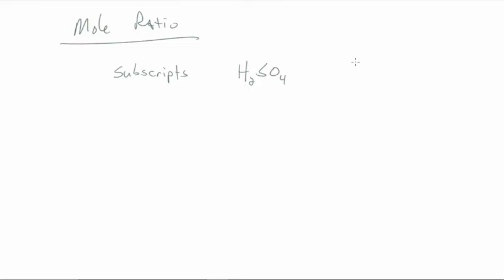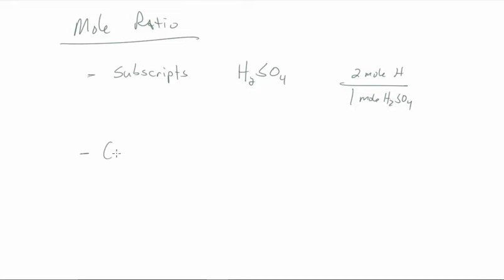So in this particular case, I know that I've got 2 moles of hydrogen per 1 mole of H2SO4. So I've got moles of the particular element within the entire compound. That's my first mole ratio, and it's a ratio because it's a fraction. All of my ratios are fractions, and I'm just looking at the ratio of one element to what it is in the whole entire compound. And so that's my first mole ratio, based on subscripts.